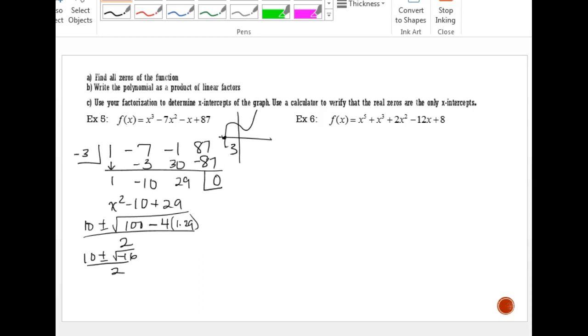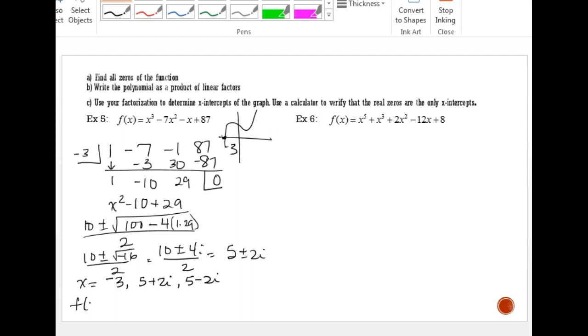That cleans up to 10 plus or minus 4i over 2, and dividing each part by 2, I get 5 plus or minus 2i. So then my zeros are x equals negative 3, 5 plus 2i, and 5 minus 2i.